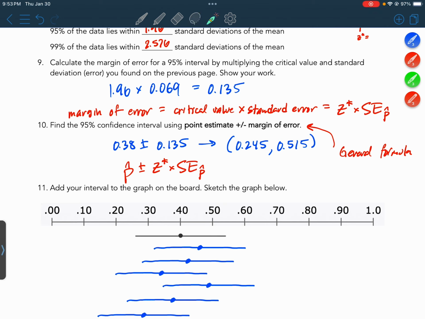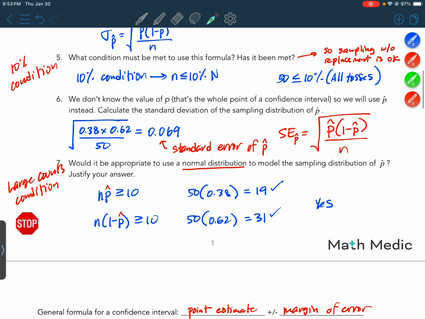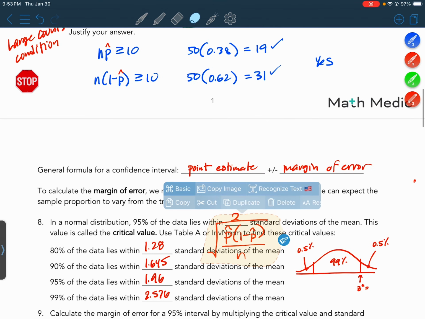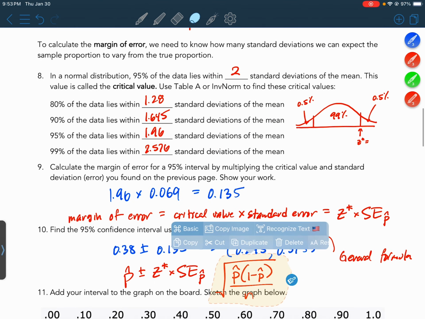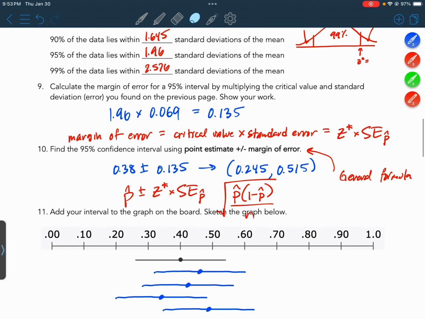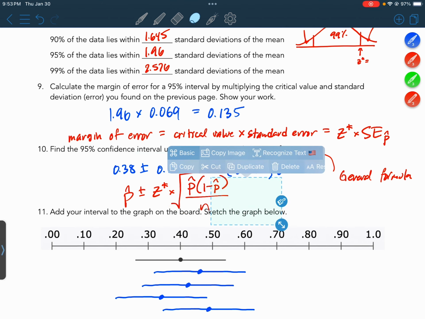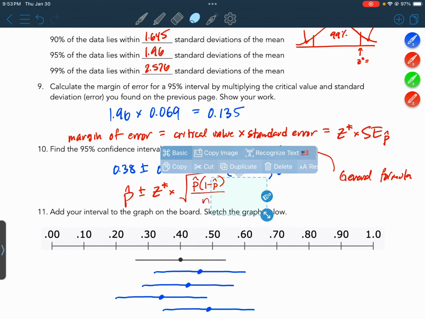But I'll take it one step further, right? Let's replace the notation SE p hat with the actual formula, which was back here on page 1. So I'm going to go ahead and copy this and move it down, in place of that notation. Let's resize that just a little.